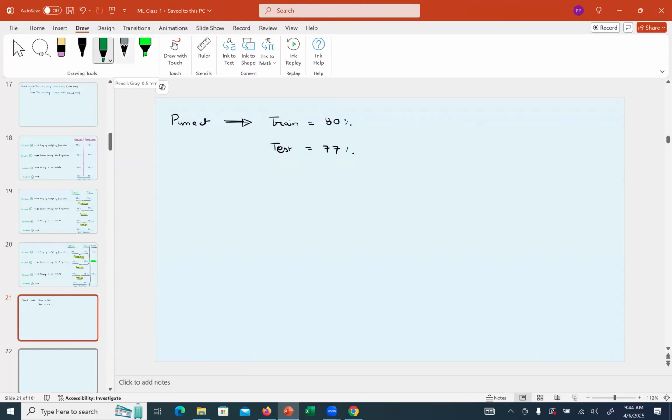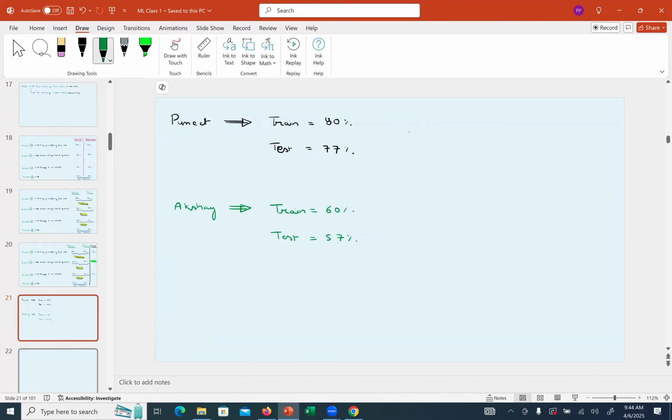And let's say Akshay is also working on a problem statement, again some different problem statement. I don't know the data. He is just working on some problem statement, and his training data accuracy is, let's say, 60%, and his test data accuracy is 57%.